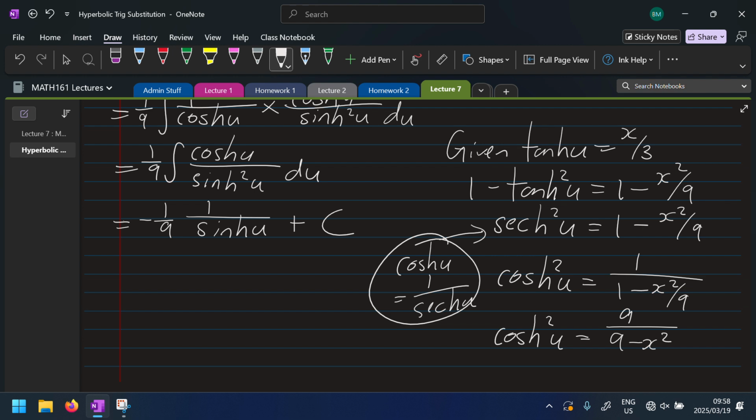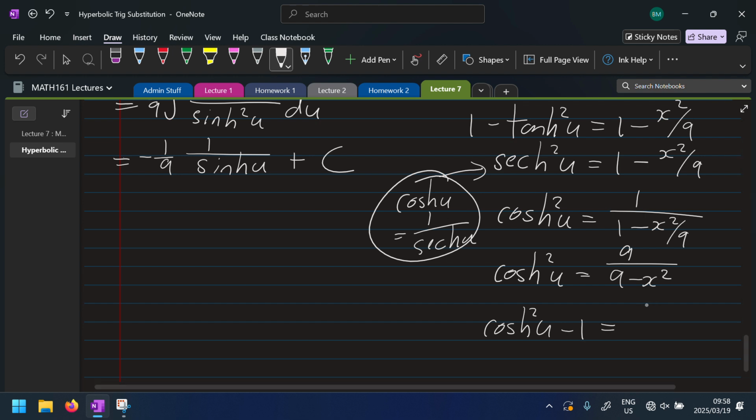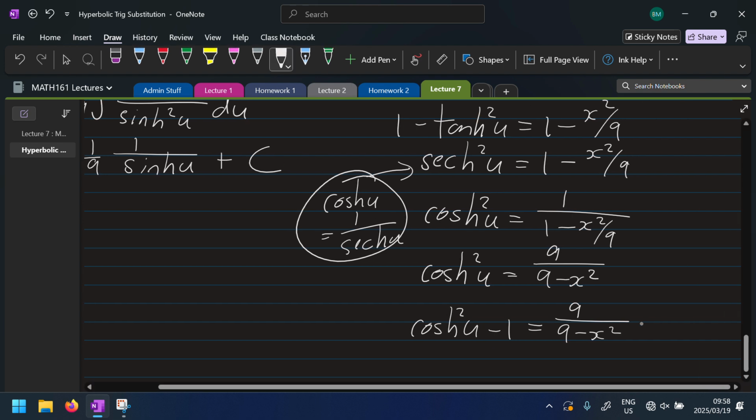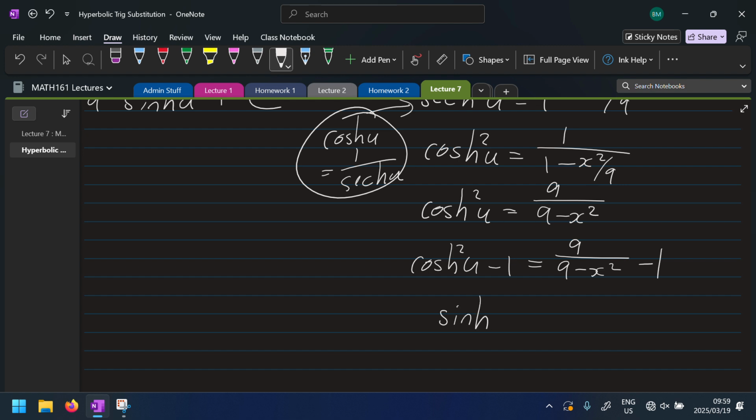Okay, now that we have cosh squared, we can write this in terms of sinh squared. So cosh squared u minus 1 is going to be 9 over 9 minus x squared minus 1. Why? Well, cosh squared minus 1, that's sinh squared.